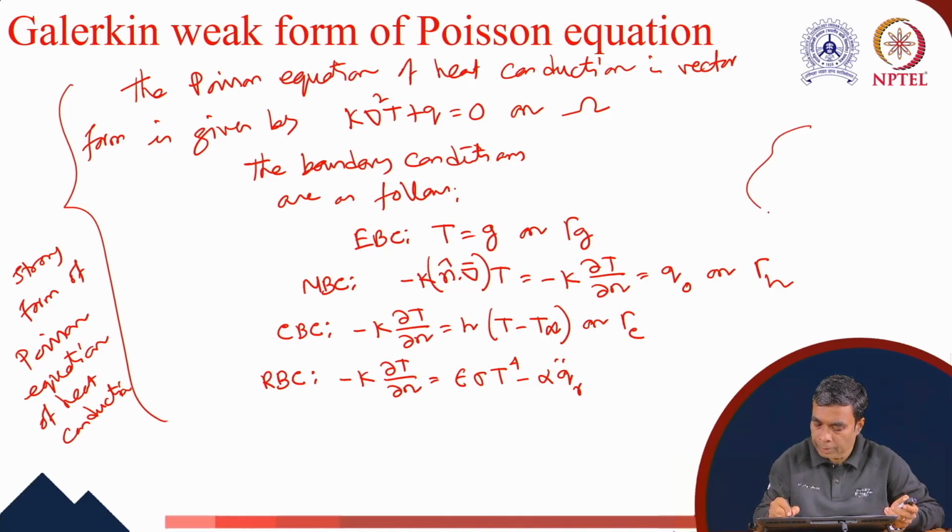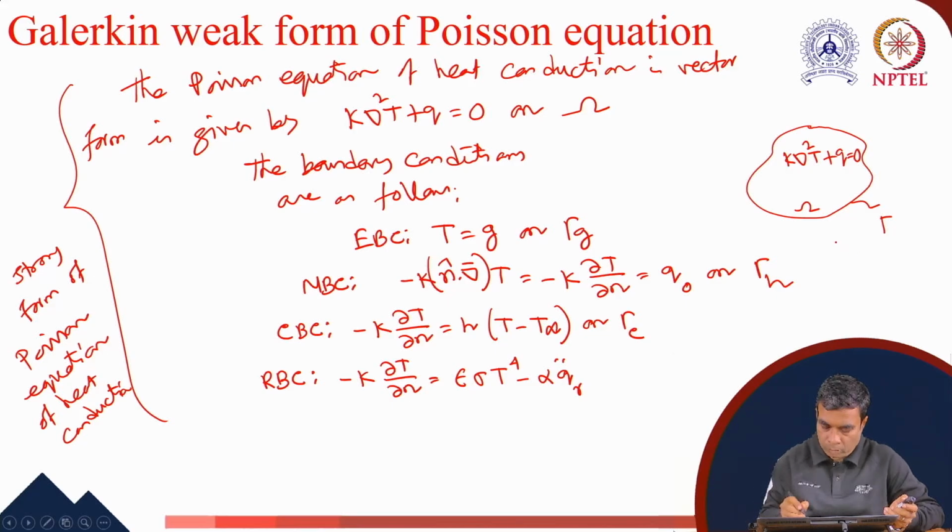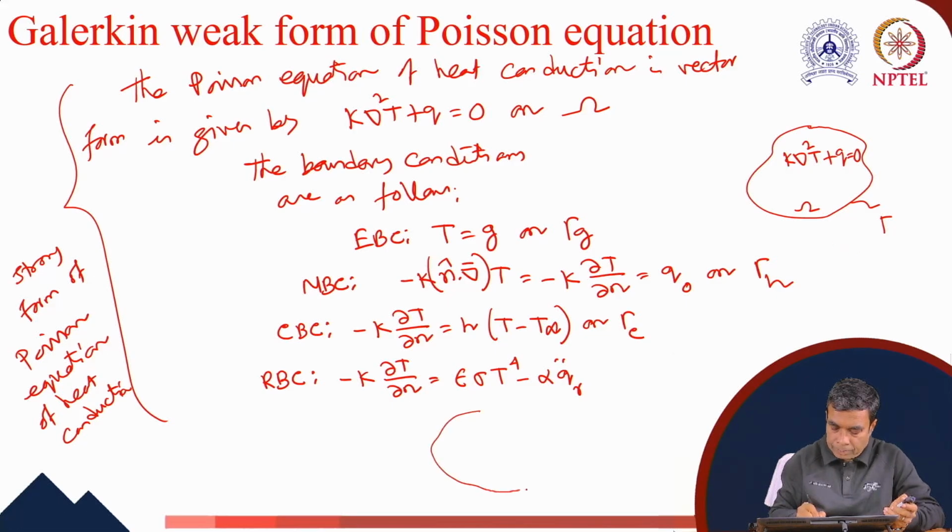Now, this is the domain, this is the omega, this is the boundary gamma. Now, the governing equation is k del square t plus q equals to 0. We show the individual components of the boundary here. This is omega.